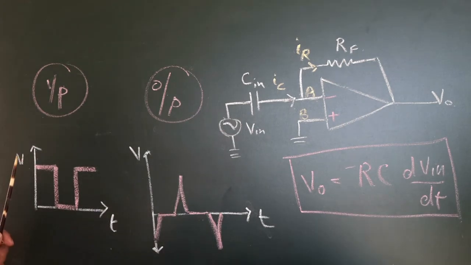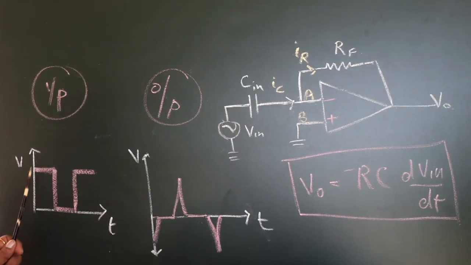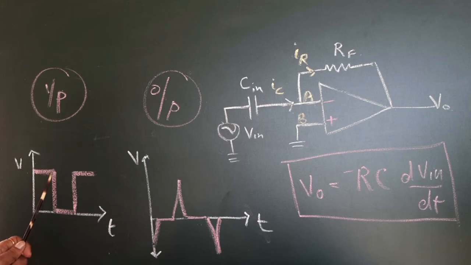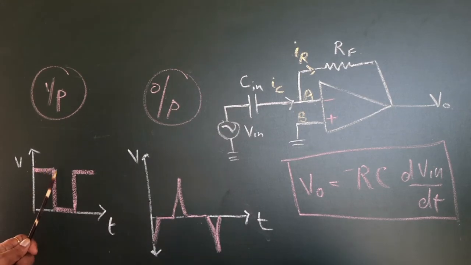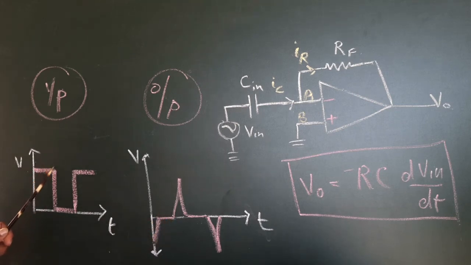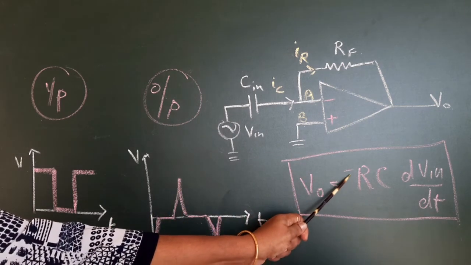Now let us see another example. What if our input is a square wave like this? So this is a constant voltage, so your output will be 0. Now the input falls suddenly. This is a falling voltage, but it will appear as a positive ramp because of this negative sign.